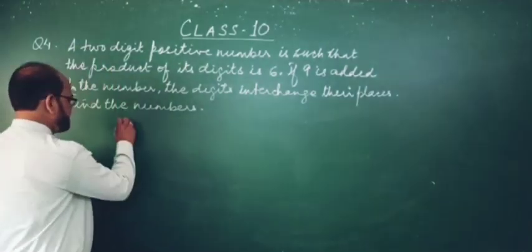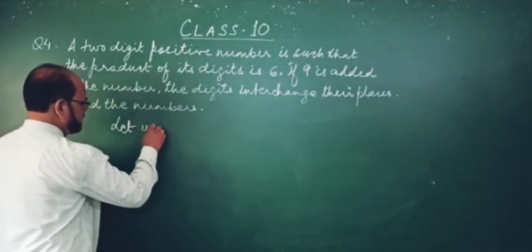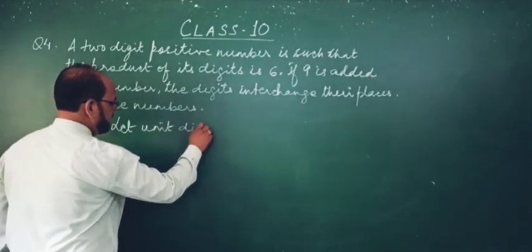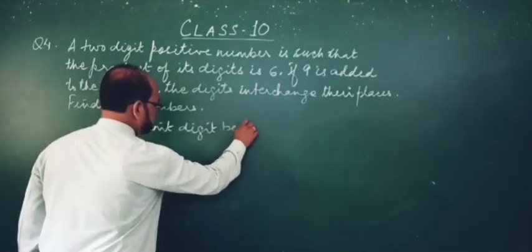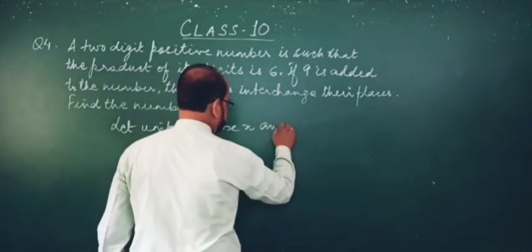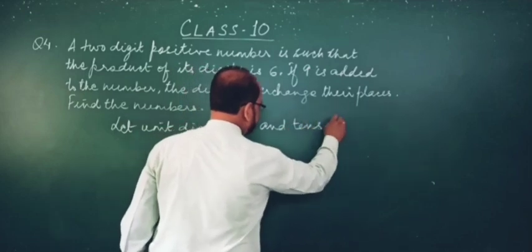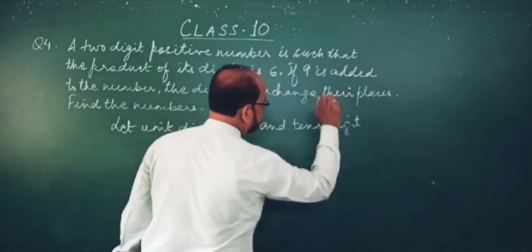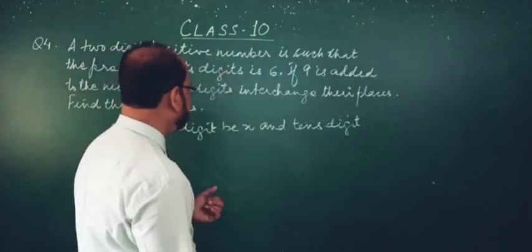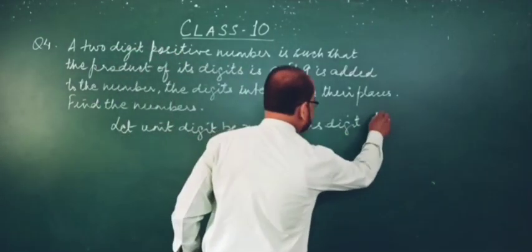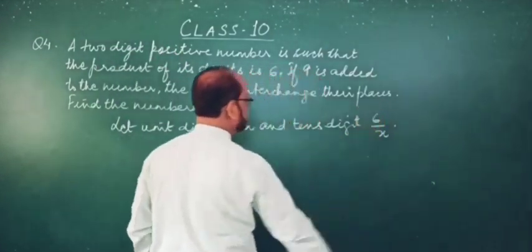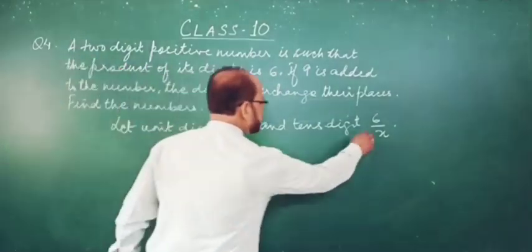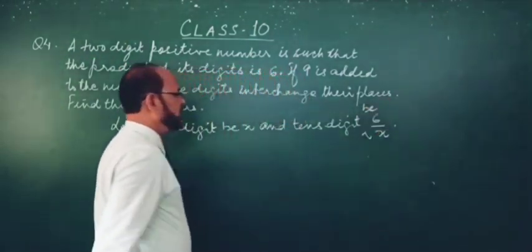We will let the unit digit be x first. Now how will we find the tens digit? Because the product is 6, the tens digit will be 6 upon x.